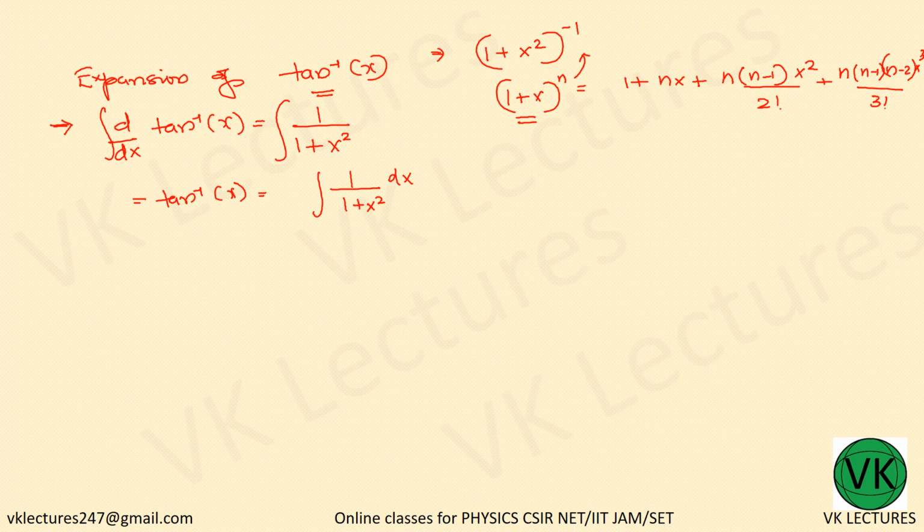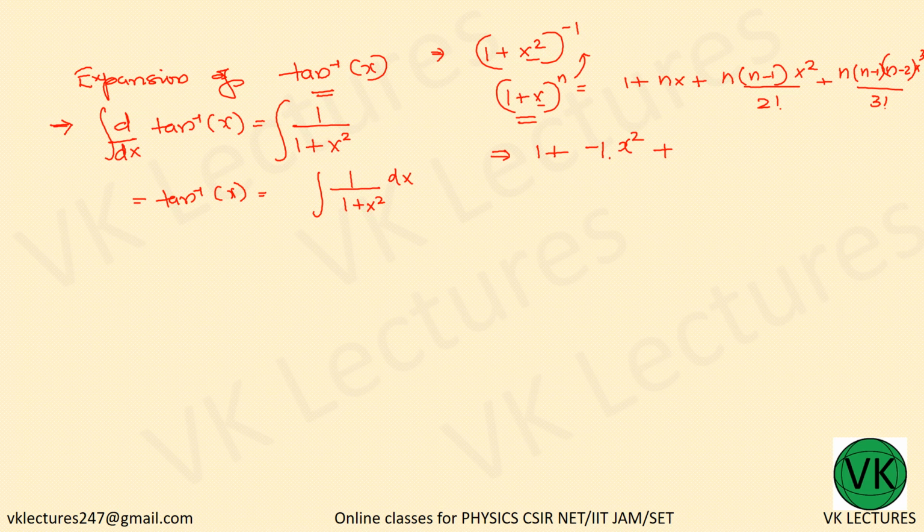So here let us put n equal to minus 1. And what is x? x is equal to x square and n equal to minus 1. So let me write it as 1 plus n, which is minus 1, into x, which is nothing but x square. Second term is ready.